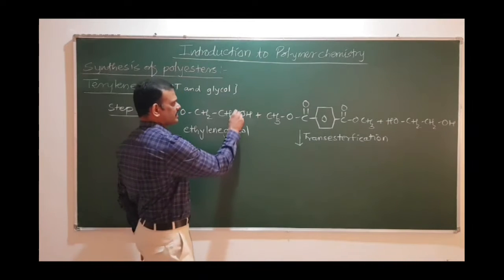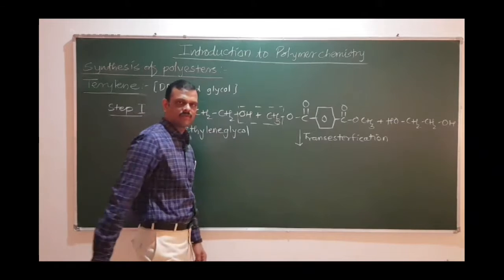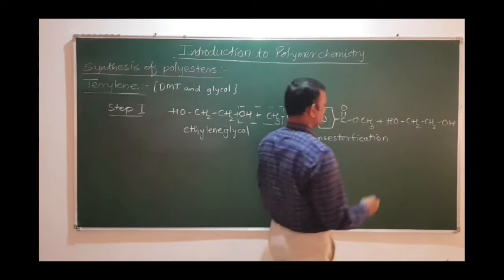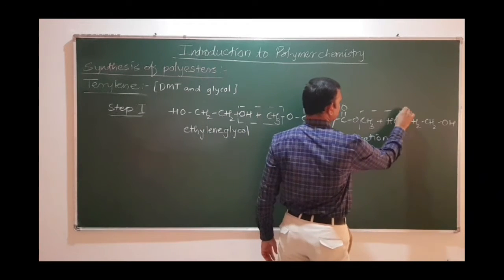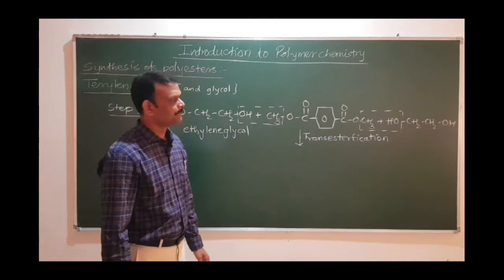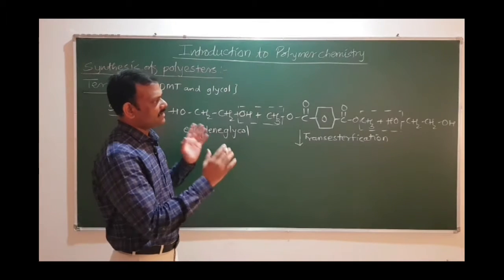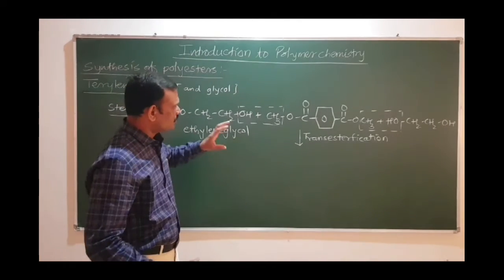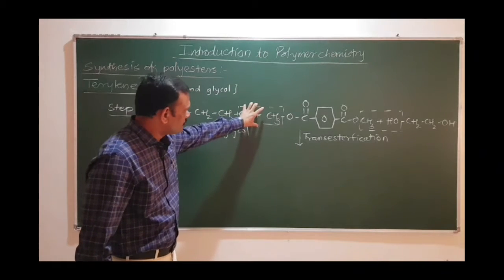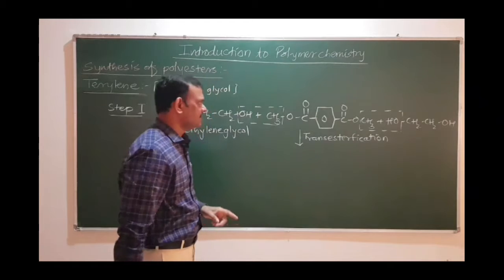What happens in this process? This hydroxyl group combines with the methyl group of DMT. Another hydroxyl group of ethylene glycol combines with the other CH3 of DMT. Removal of CH3OH takes place and the new product is formed. All you have to do is remove this CH3 and OH, and connect the remaining part.